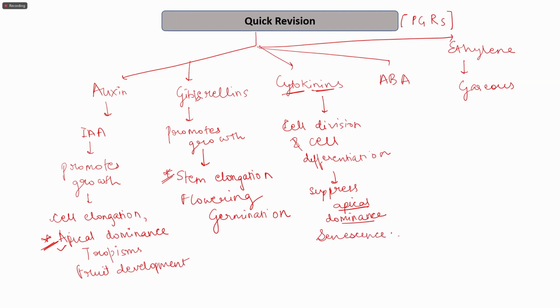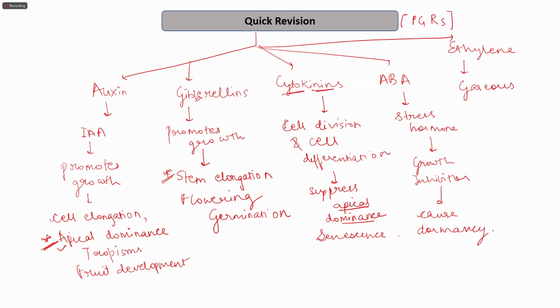Now, ABA, abscisic acid, is the stress hormone, and it is a growth inhibiting hormone. Since it's a growth inhibitor, it will cause dormancy. It will not allow the plant to grow. Germination will be prevented by the dormancy.